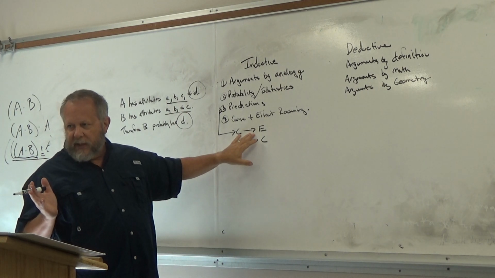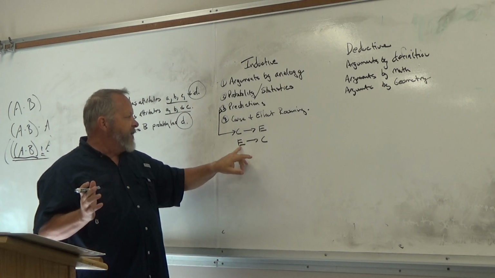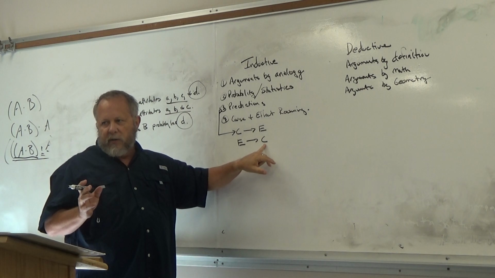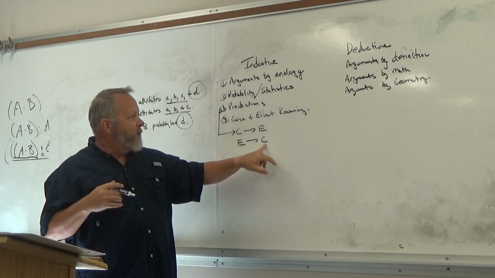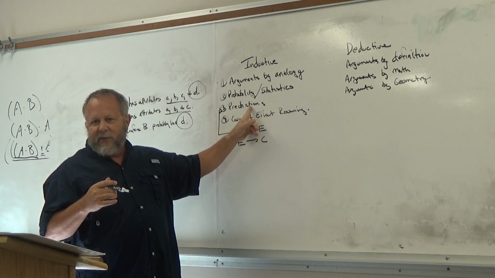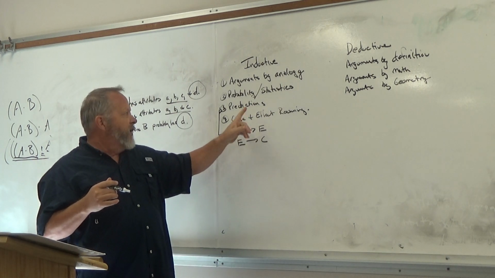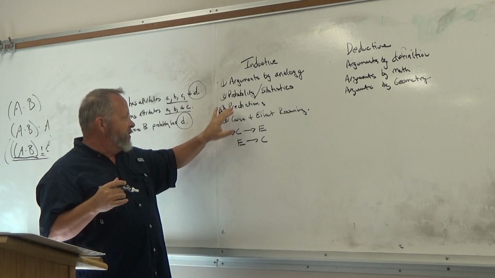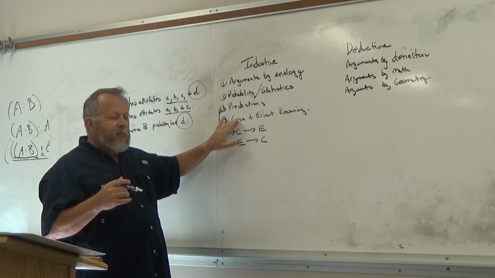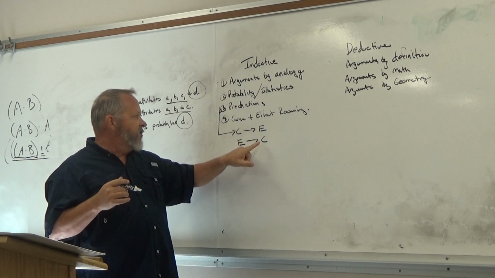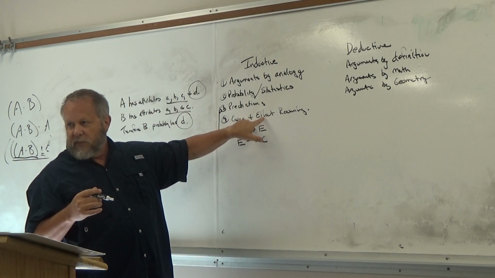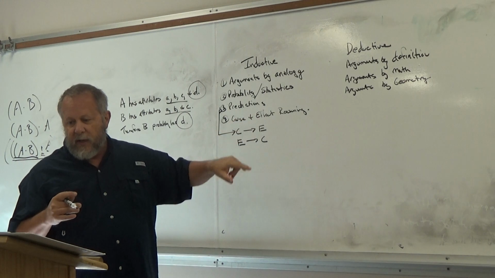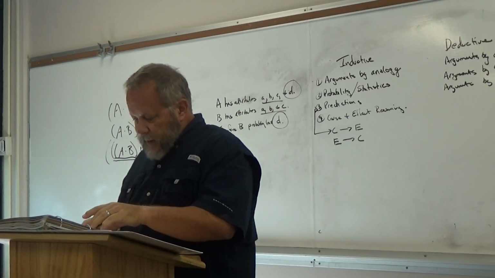But if it's effect back to cause, we're not going forward in time, so it can't be a prediction. So if it's a prediction, you can say prediction or cause and effect reasoning. But if it's going from effect back to cause, you have to say cause and effect reasoning. Does everybody understand that? Okay. All right.